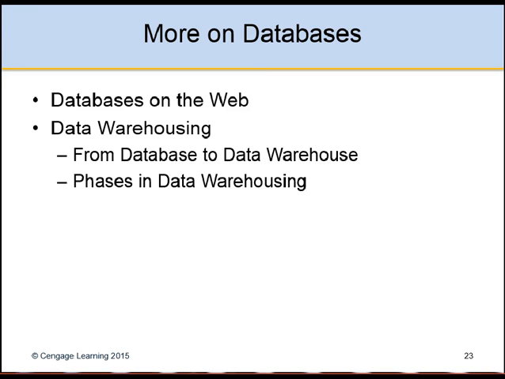The transformation phase cleans and modifies the data formats so it's consistent with all the other sources of data feeding into the data warehouse. And then the loading phase transfers files to the data warehouse.